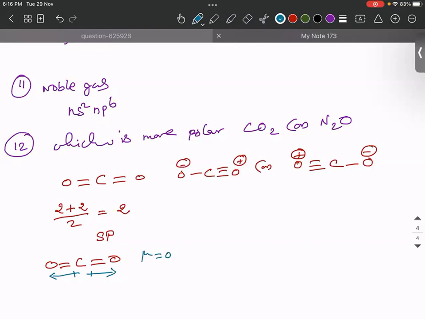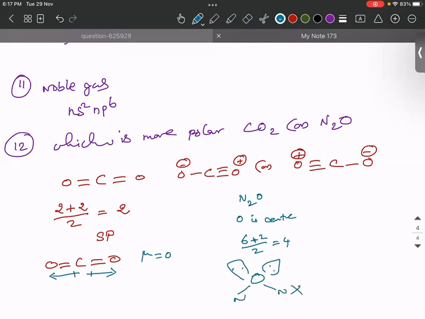You can take oxygen also; we will try both. For N2O, consider oxygen is the center. Oxygen has 6 valence electrons plus 2 nitrogen 8, isn't it? Divided by 2, you get 4. So how can you arrange those 4 electrons? Two lone pairs, but this is not the structure.